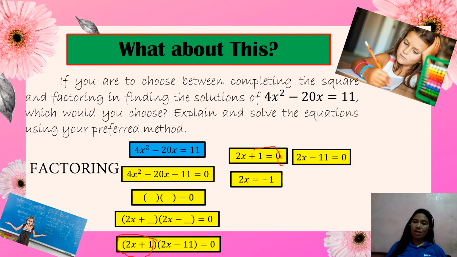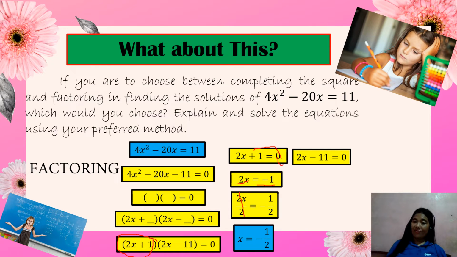And since you have 2 here, you have to divide both sides by 2. So you now have 2x over 2, and you can cancel this out. So what remains is x equals negative 1/2, our first value for x.